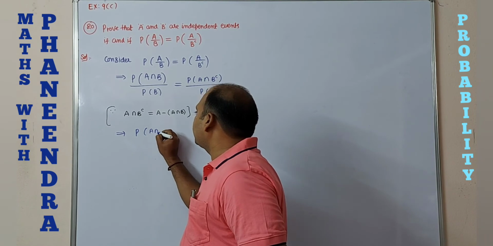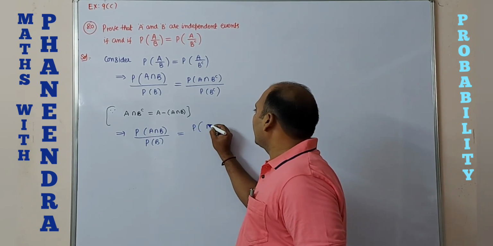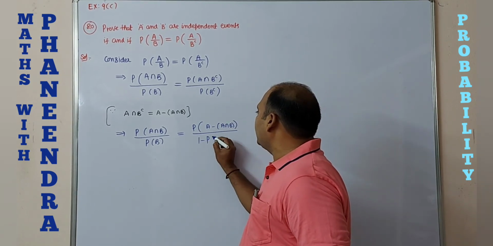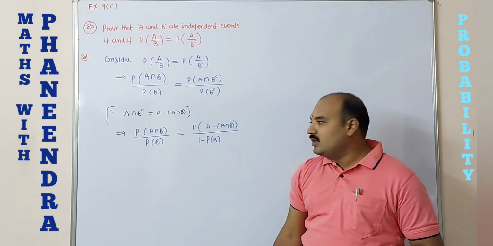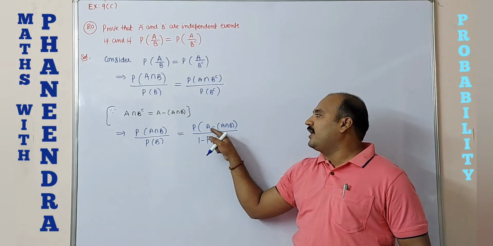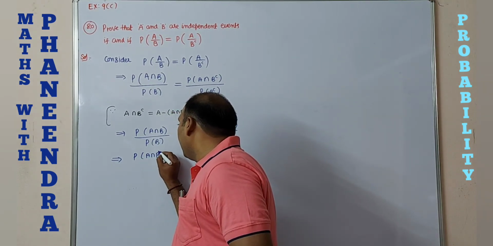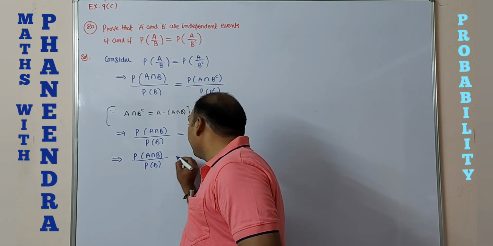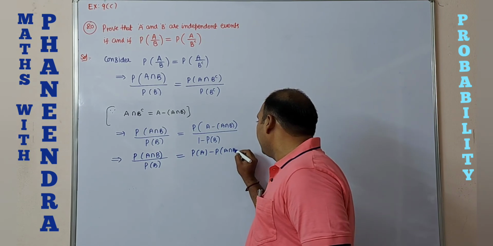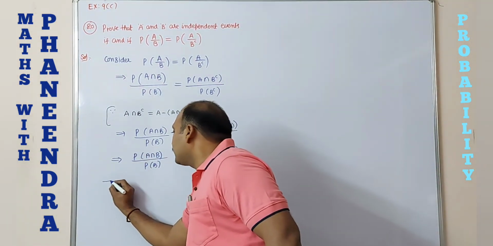So P of A intersection B by P of B is equal to P of A minus A intersection B by P of B complement, 1 minus P of B. By using the axioms of probability, P of A minus A intersection B can be written as P of A minus P of A intersection B. So that implies P of A intersection B divided by P of B is equal to P of A minus P of A intersection B by 1 minus P of B. Cross multiply these values.